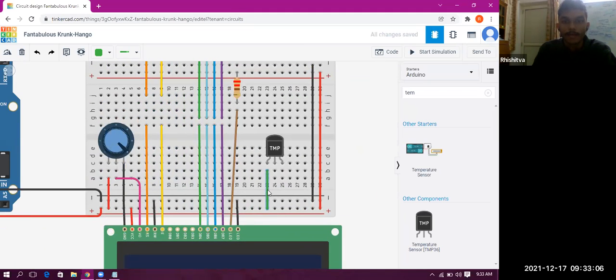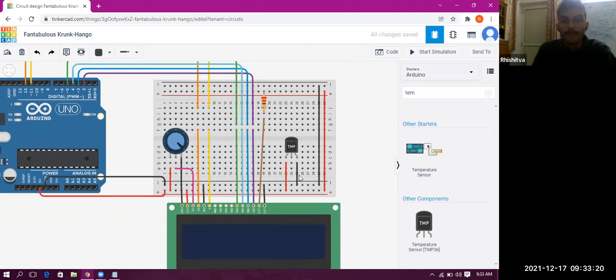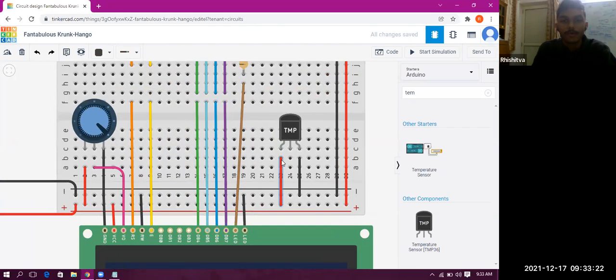I will mark the color as positive, or red, so it signifies that this is the positive one. Then I connect this with the negative because it is ground, so I will mark it as black. Students, why we are using red and black is just for right now it might be clear that this is power and ground.